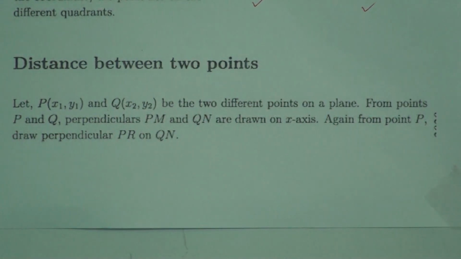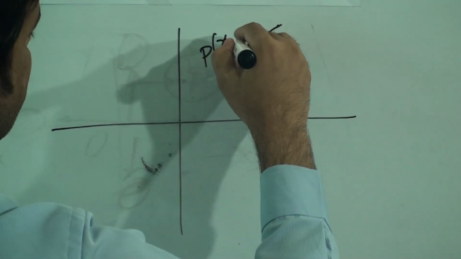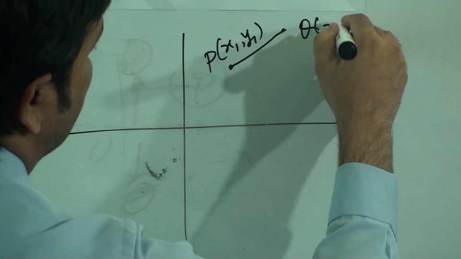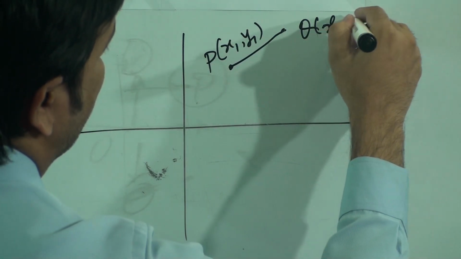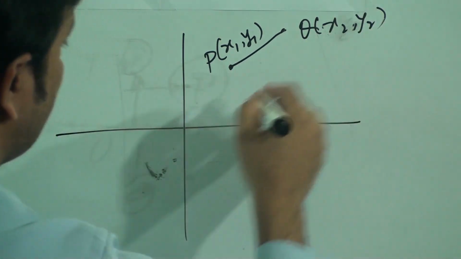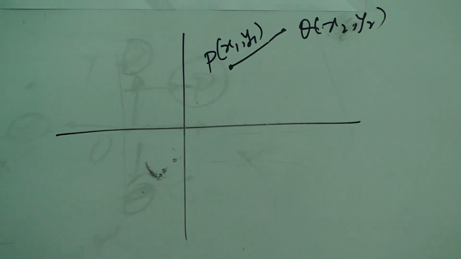Now see here, suppose P is a point here and Q is a point here, and the coordinates of P are x1 and y1, and Q is x2 and y2. So now we need to determine the distance PQ. How can we determine the distance PQ?